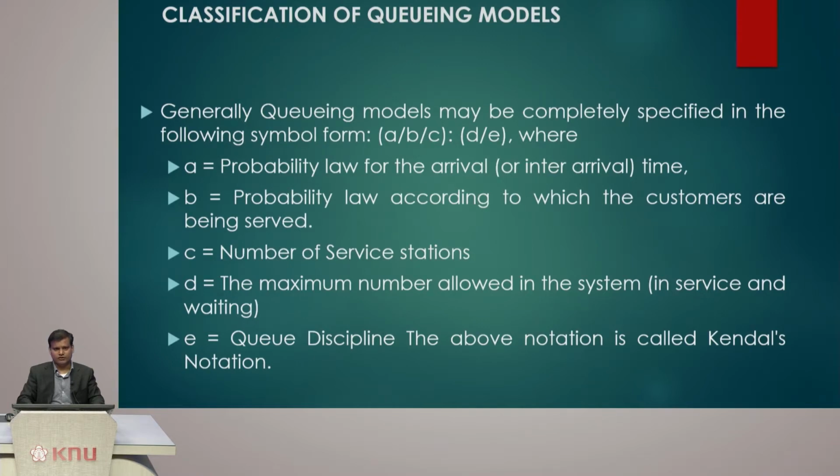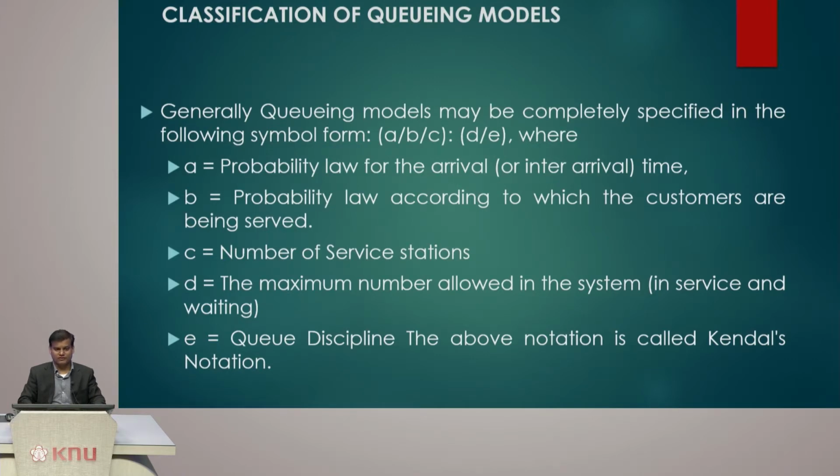So, the queue classification can also be performed with this particular queuing model system. We have A/B/C colon D/E, where A means the probability law for arrival or inter-arrival time, and B means the probability law according to which the customers are served.